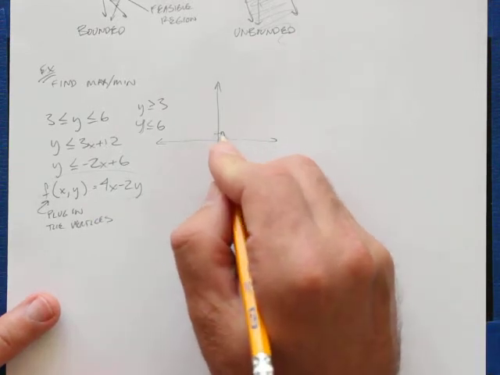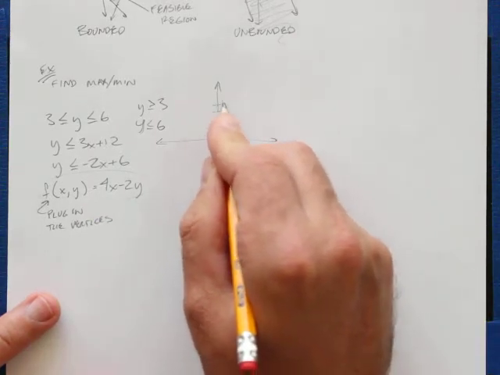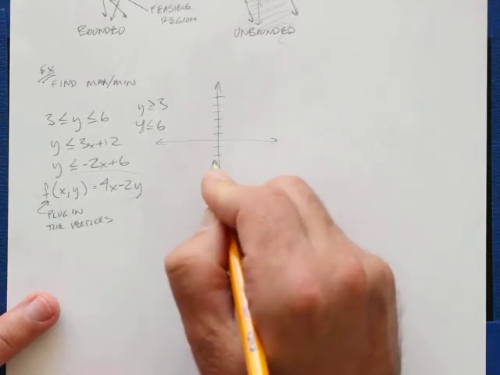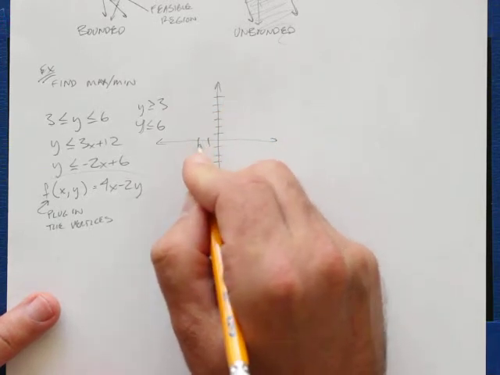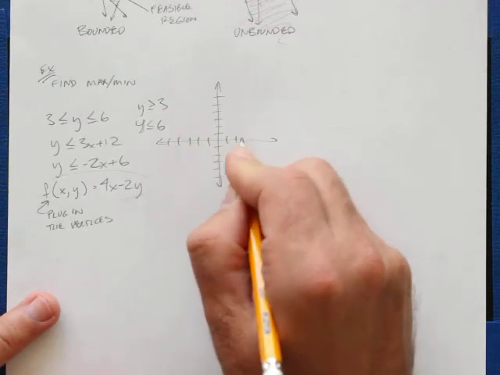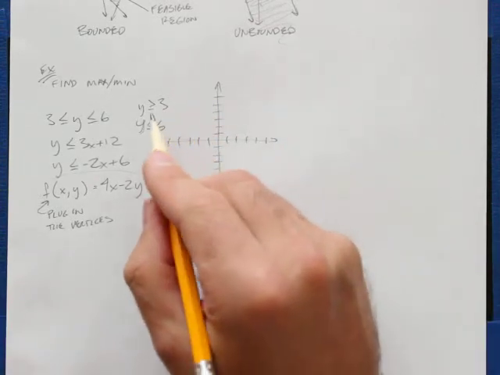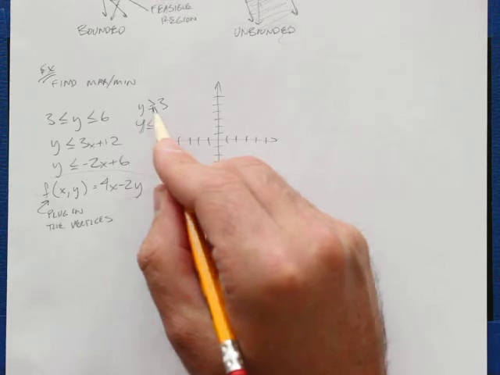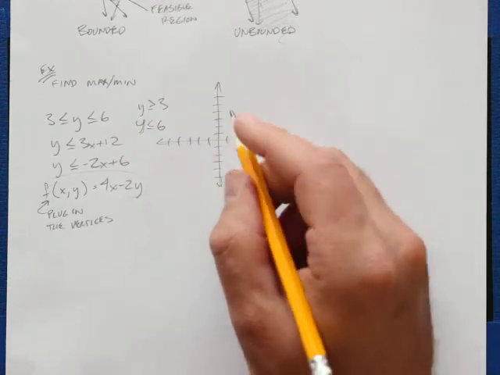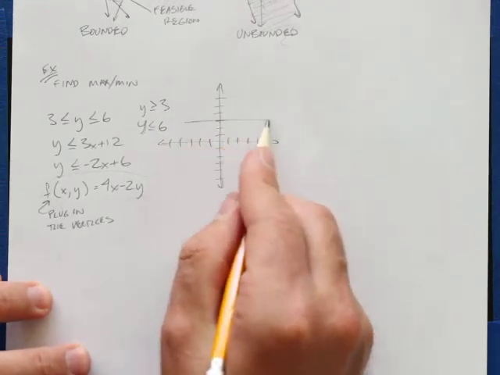So I'm going to make 1, 2, 3, 4, 5, 6, 1, 2, 3, 4, 5. Okay, so y is greater than or equal to 3. So I'm going to find 3, 1, 2, 3. There is y equals 3 right there.